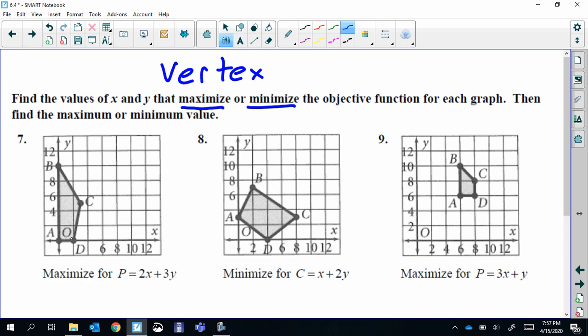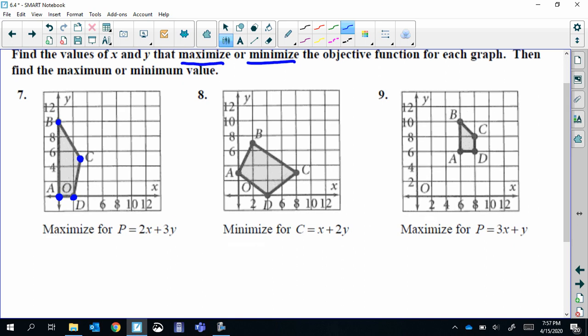So all of these dots that are drawn in here, these are all vertices. Each one of those dots is a vertex. So maximums and minimums happen at a vertex. When we're trying to maximize, we're looking at the four vertices.